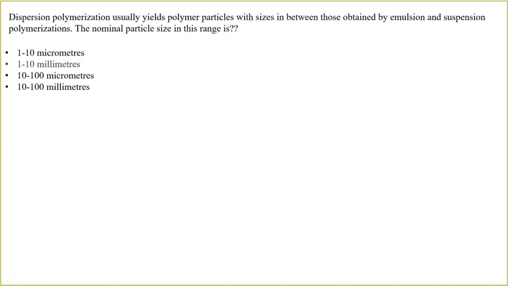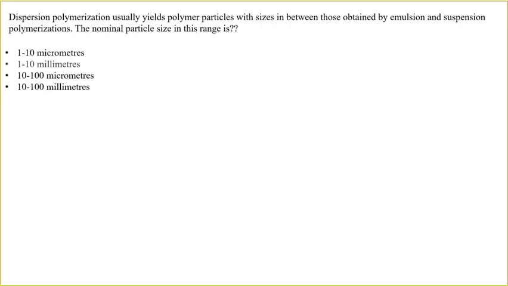Dispersion polymerization usually yields polymer particles with sizes in between those obtained by emulsion and suspension polymerization. The nominal particle size in this range is? If you have gone through the common description of the emulsion and suspension polymerizations, you will know that the entire range lies between micrometers and millimeters, 1 to 10 micrometers and 10 to 100 millimeters.